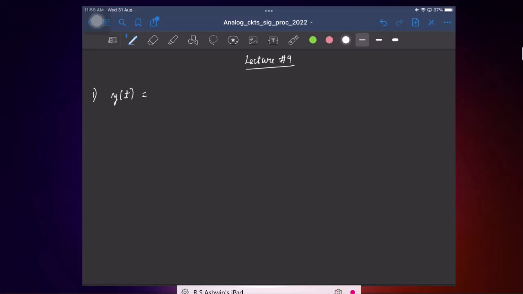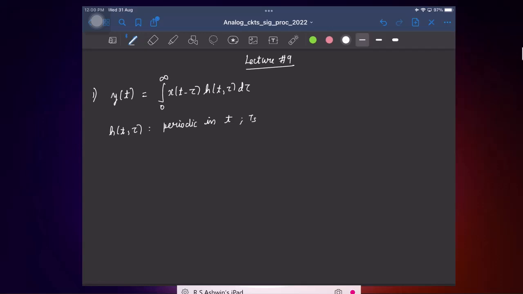So y of t is integral 0 to infinity x of t minus tau h of t comma tau d tau. And for the LPTV systems, we saw that this impulse response h of t comma tau is periodic in t, and the time period is Ts.